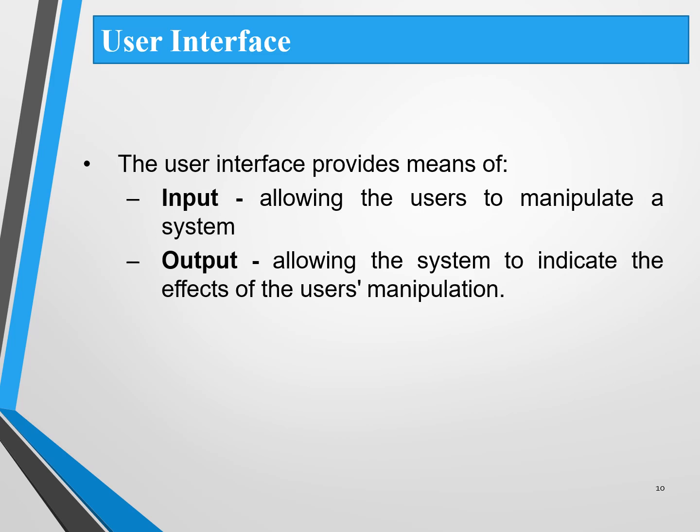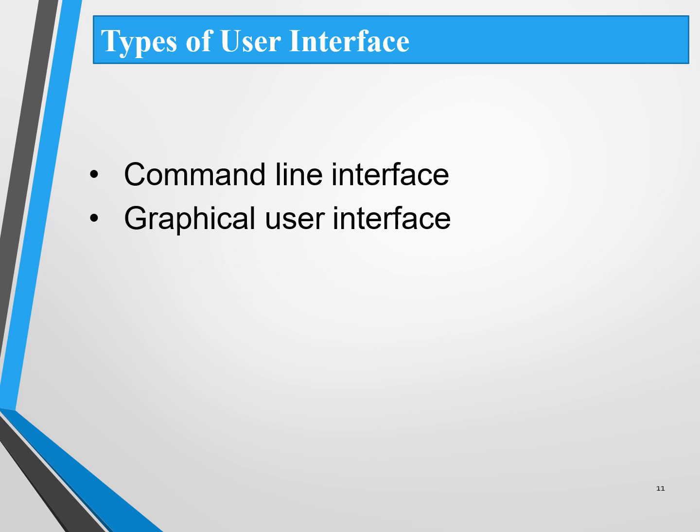The user interface provides means of input, allowing the user to manipulate a system, and output by allowing the system to indicate the effects of the user's manipulation. User interface can be of two types: command line interface and graphical user interface.